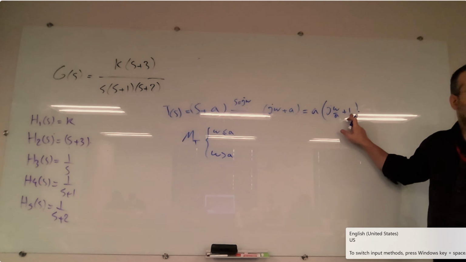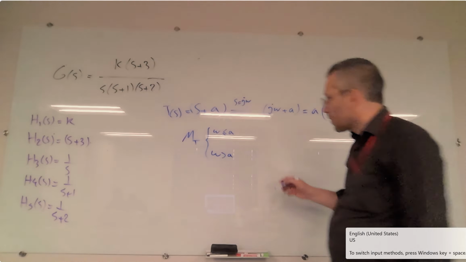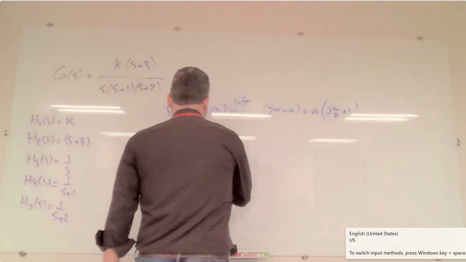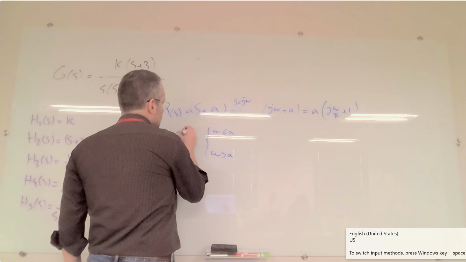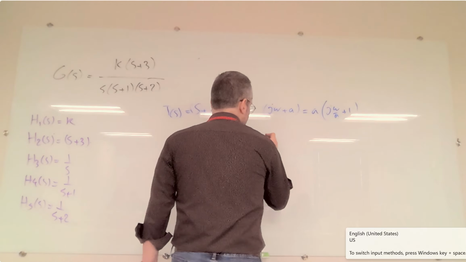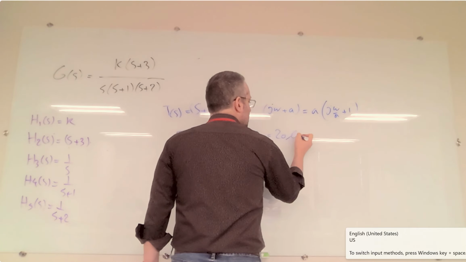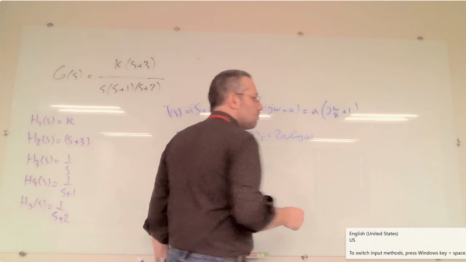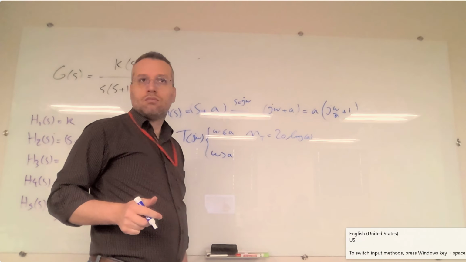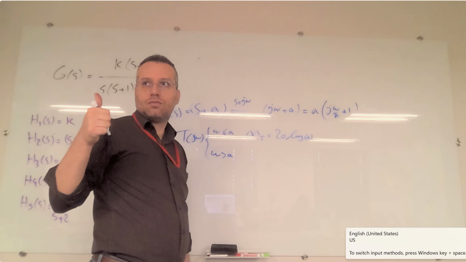Right? So the magnitude becomes a. We wanted to show it in decibels. So the magnitude of that becomes 20 log of a. Is that good so far?